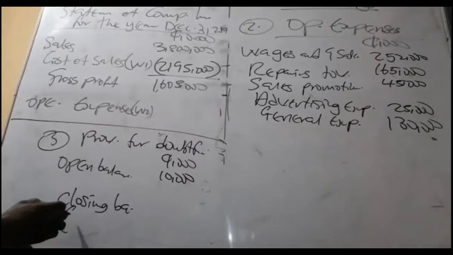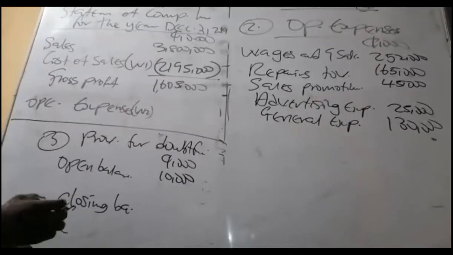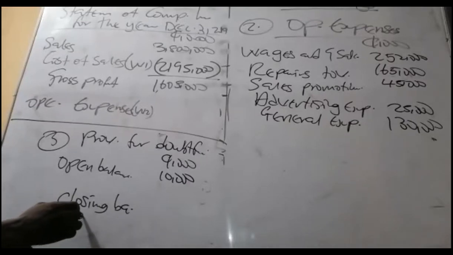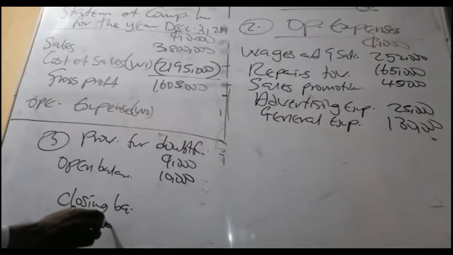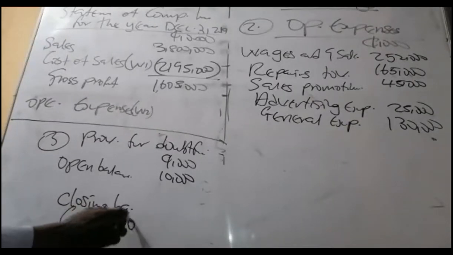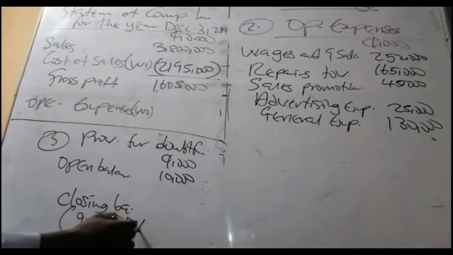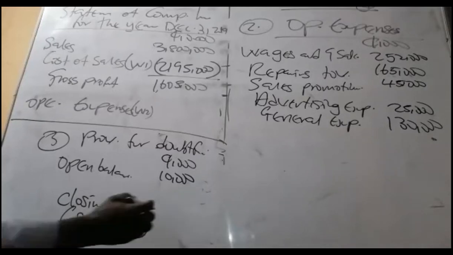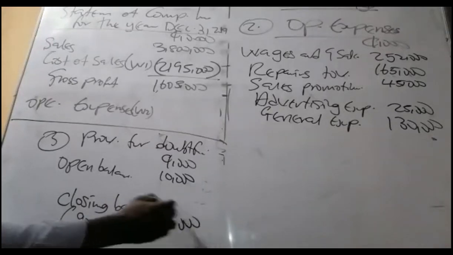The closing balance is nothing but the debtors figure, which is 90,000, multiplied by 10%. You get 9,000 to be the closing balance.